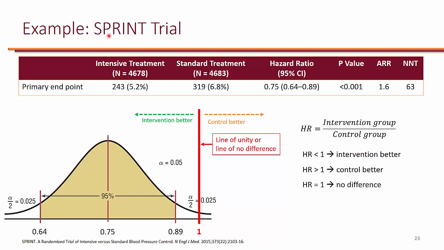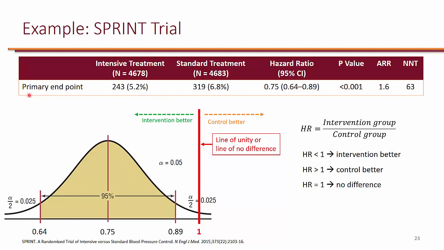Now, in this example, which is from the SPRINT trial, they were comparing 2 different strategies for blood pressure management. Don't worry about what those strategies were. Just know that here's an intervention group and here's a control group. And they were looking at the primary endpoint. Don't worry about what those endpoints are, but look at the rate.